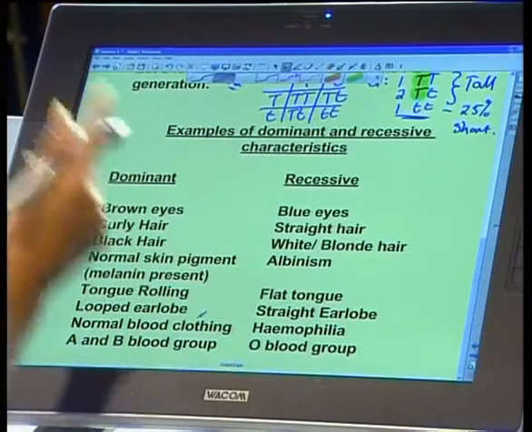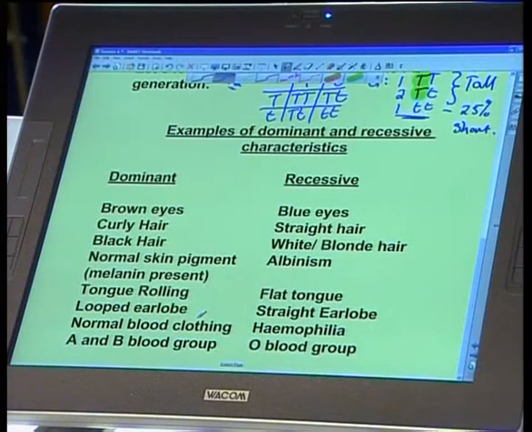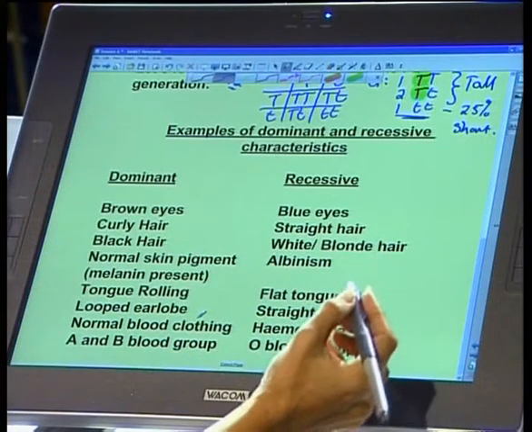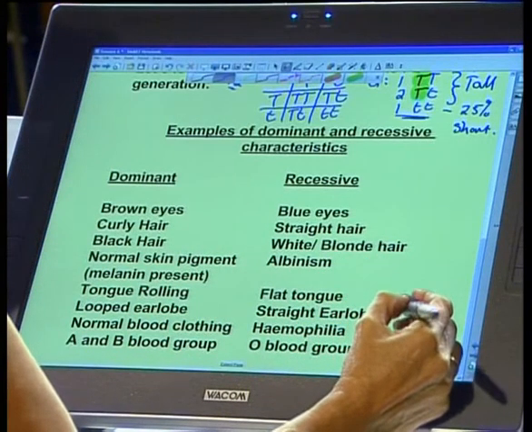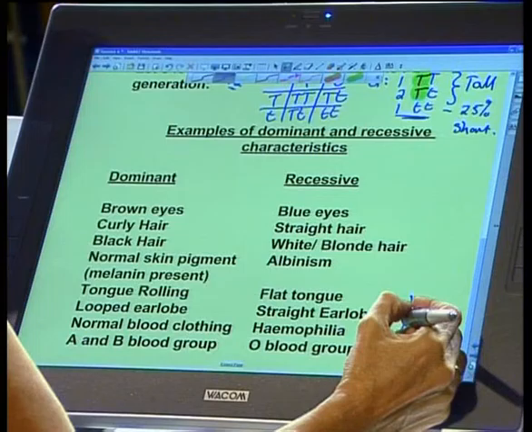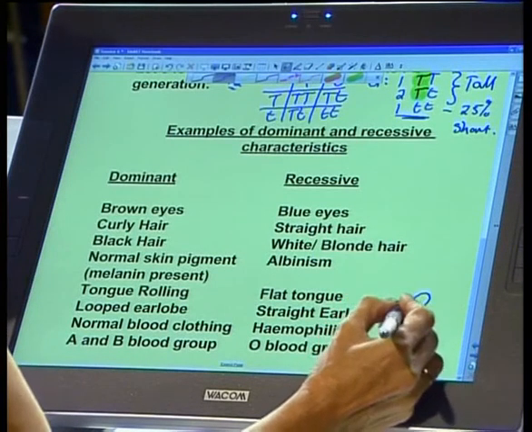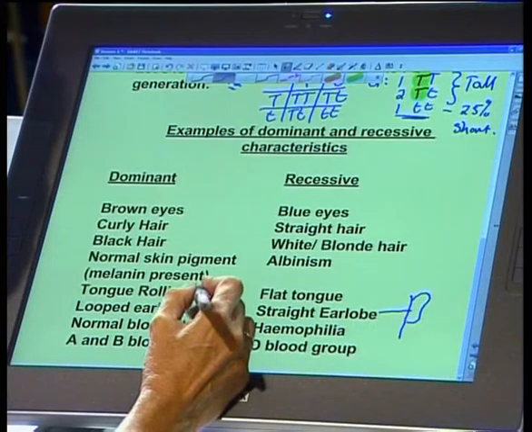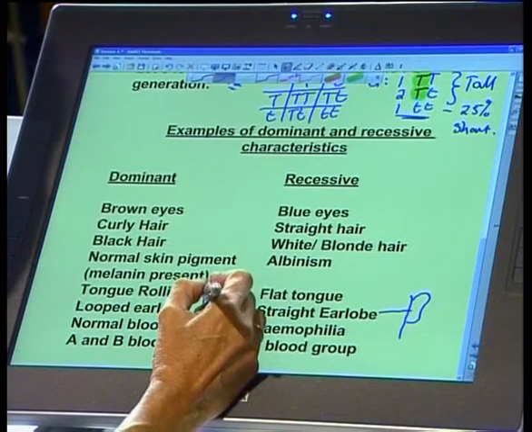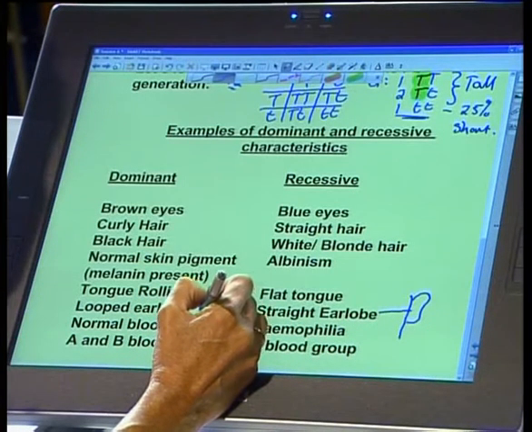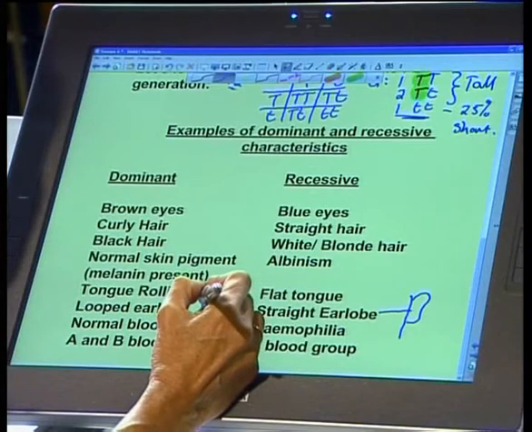Looped earlobes versus straight earlobes. You're not going to be able to see if I show you on my face, but if this is the cheek or the side of the face, some people have a straight earlobe and it goes up like that. This would be a straight earlobe, and a looped earlobe would look like this. These are things we've never really noticed.